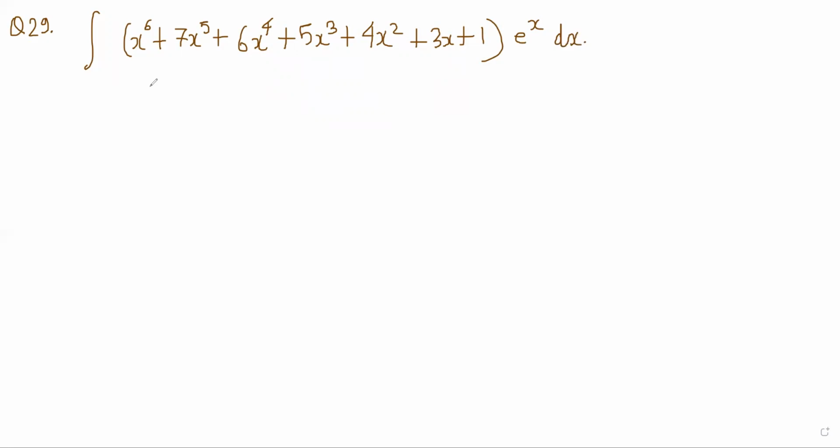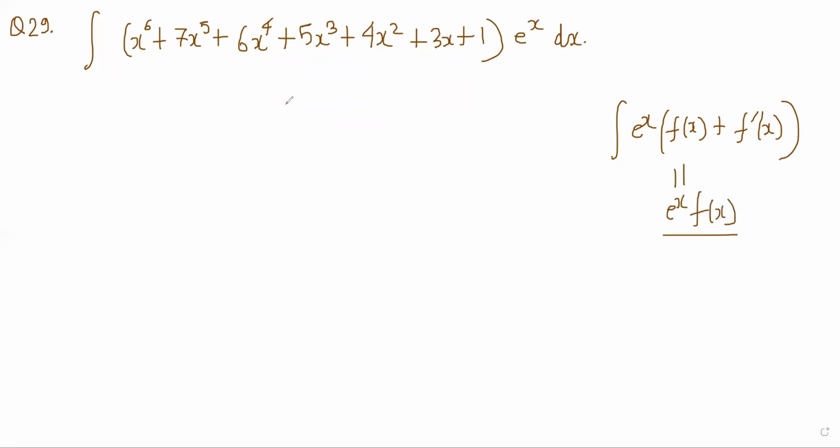This is what we have to figure out, right? So we have to find out this integral. We will use our standard integral, this one, and we'll try to get it in that form. So this is equal to e power x f x, as we have seen before also.